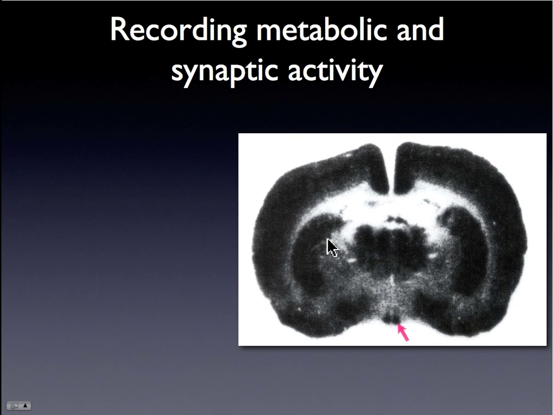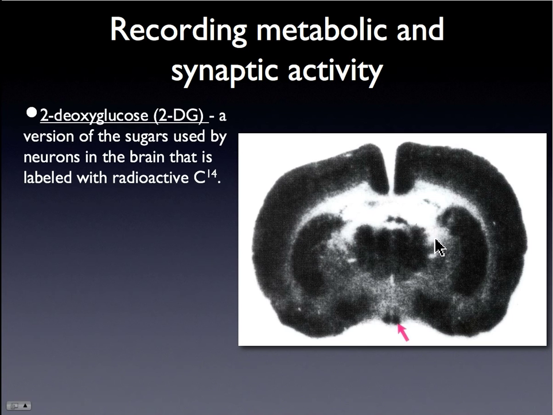Okay, so let's get to recording activity. A lot of what we've been talking about has been anatomy up to this point, except for EEG and MEG. In a classic experiment, what you would do in a rat is you would inject a radioactive tracer into the rat, and that radioactive tracer is bonded with a sugar, and the neurons, when they need fuel, drink up that sugar, use it for fuel, and are then subsequently labeled with the radioactive tracer.